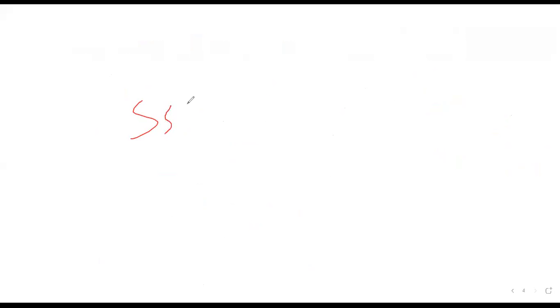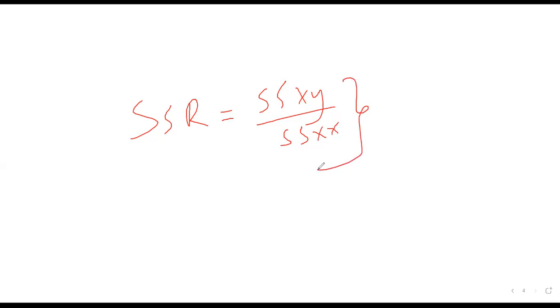SSR can be found by simply finding summation of xy over summation of xx. This one will give you the sum of square regression. It's easier like that.